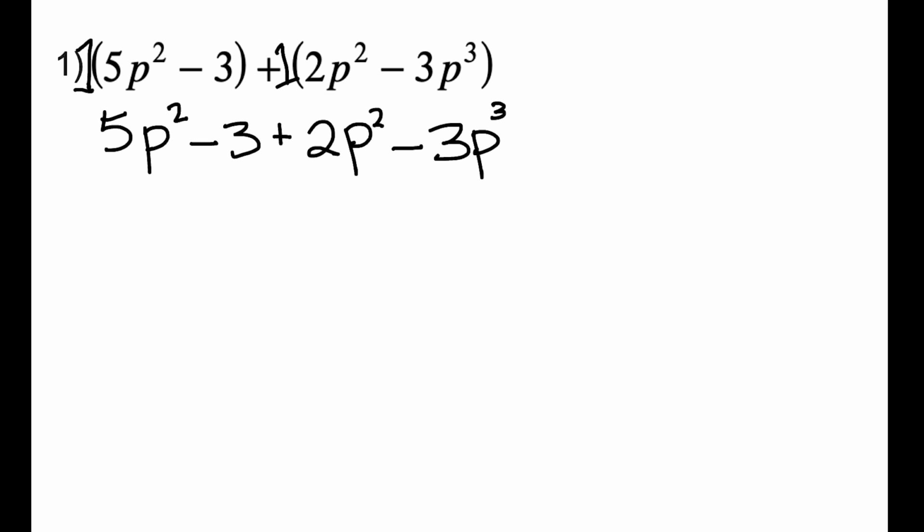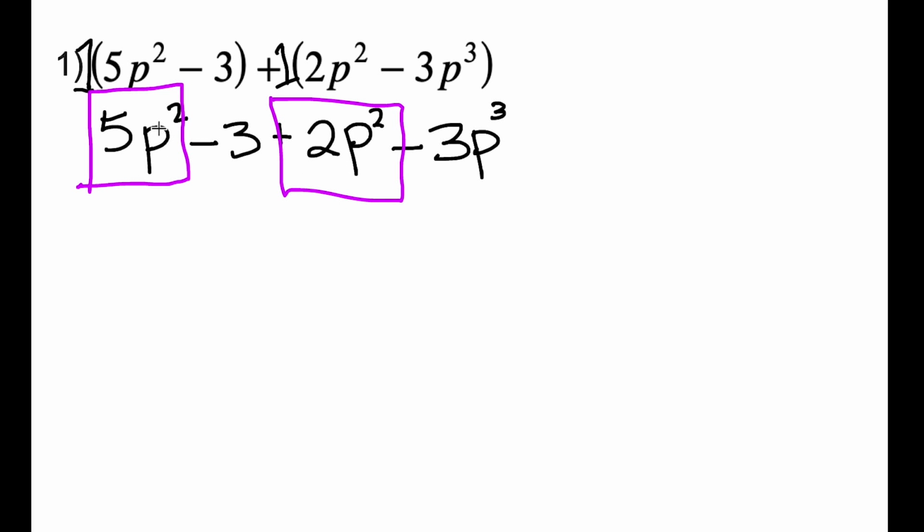Now that I've rewritten it without parentheses, let's examine the like terms. Which terms do you see that are like in this problem? Here is 5p squared, and then a positive 2p squared.